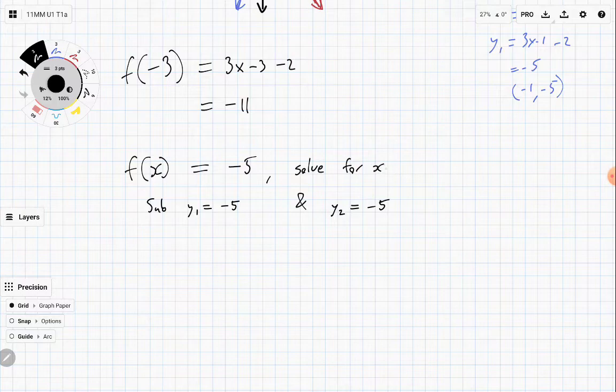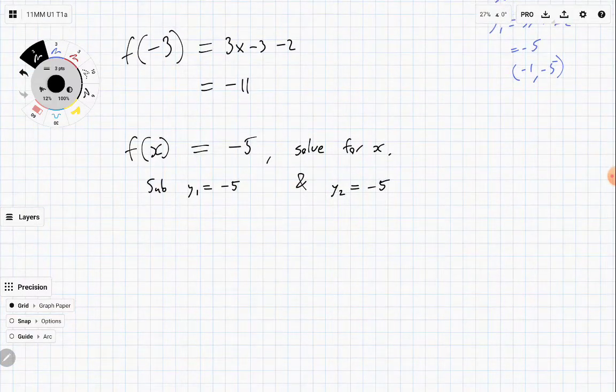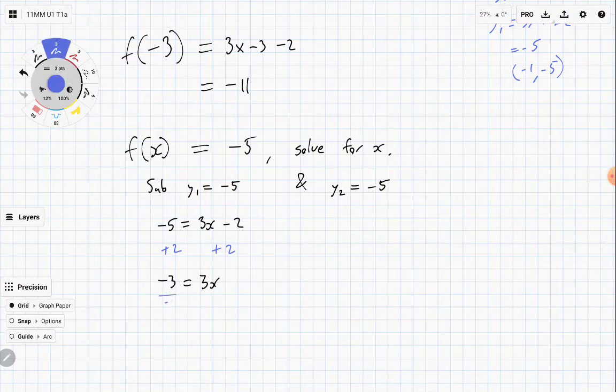When f of x equals negative 5, solve for x. So we get negative 5 is equal to 3x minus 2. Add 2 to both sides. Negative 3 equals 3x. Divide both sides by 3. And we get x is equal to negative 1.